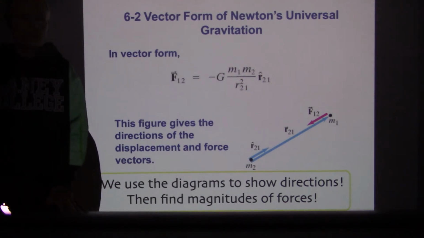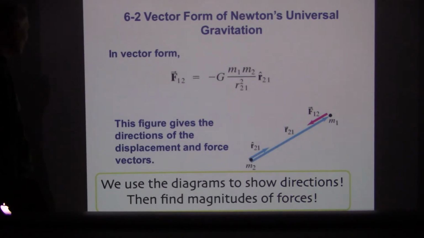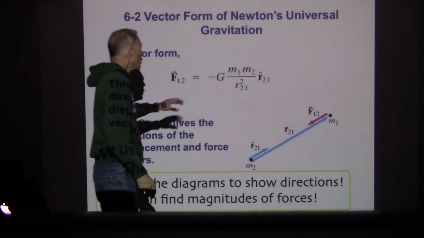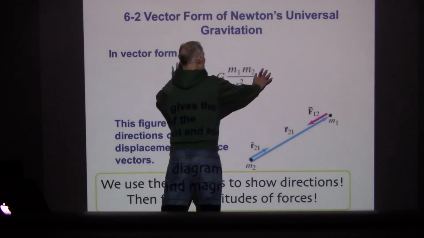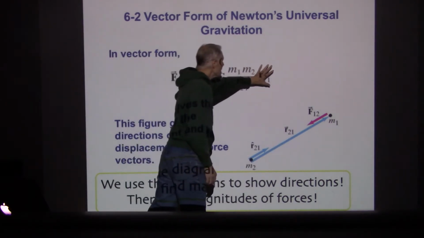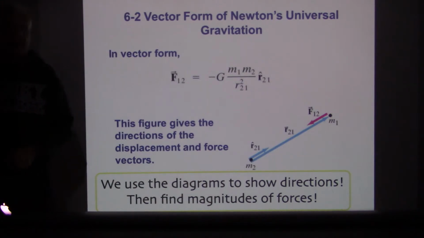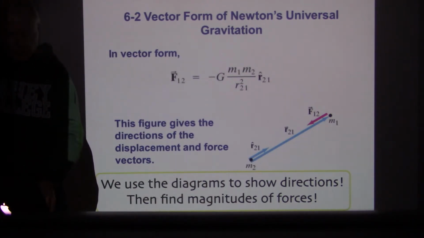We never had to go back and introduce all these unit vectors. So what it says at the bottom is to use the diagrams to keep track of all the directional information. Use the diagrams, and then for the formulas themselves, we don't need all the vector stuff. We can just call this the force formula. We don't necessarily have to keep track of this, and that actually is a faster way to solve the problems in most situations.